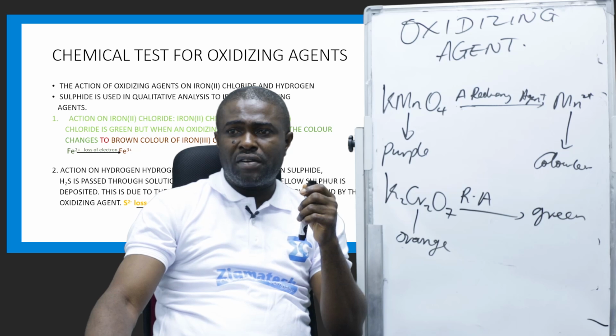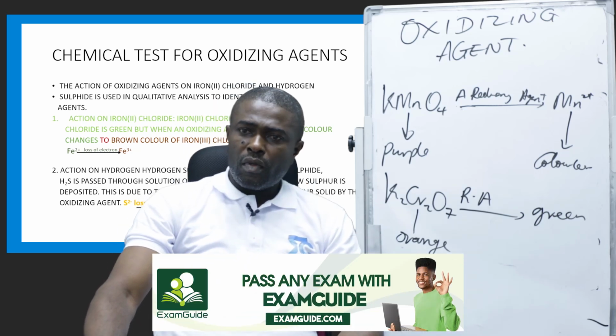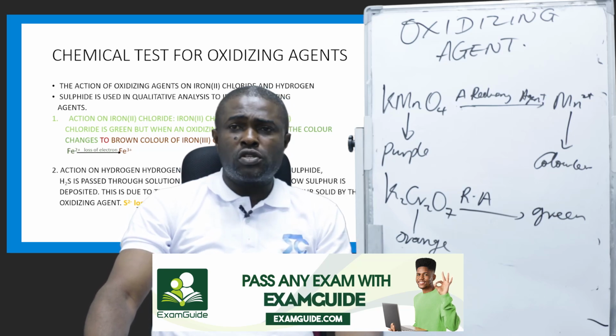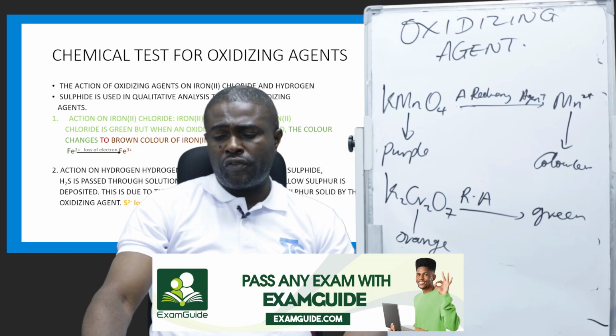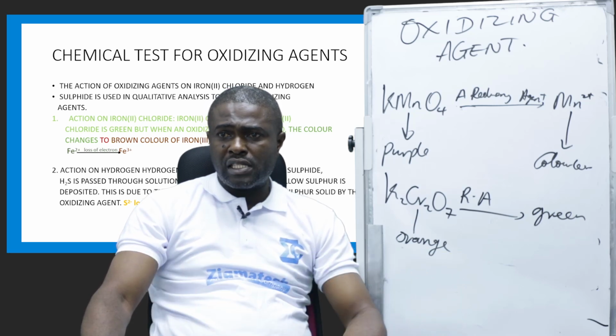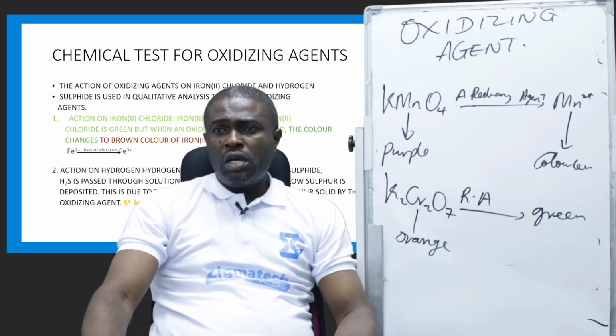At this point, we have some examples of oxidizing agents and examples of reducing agents.